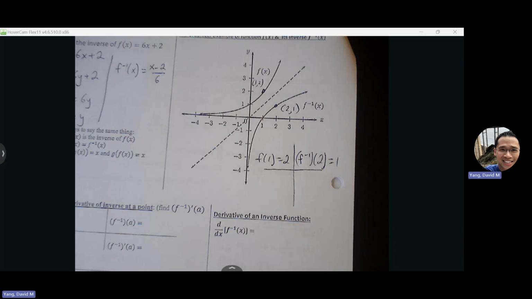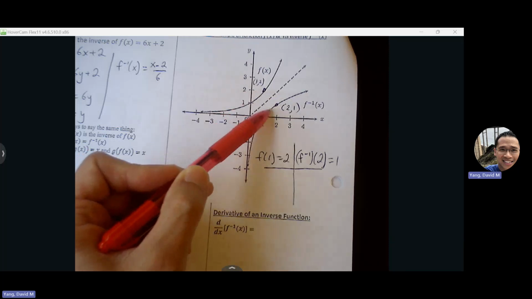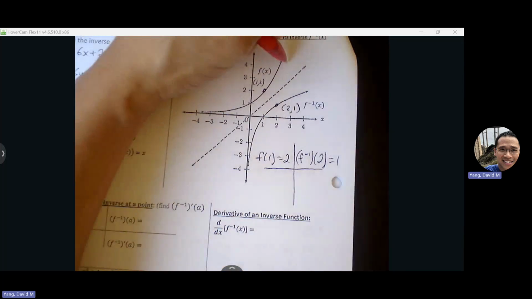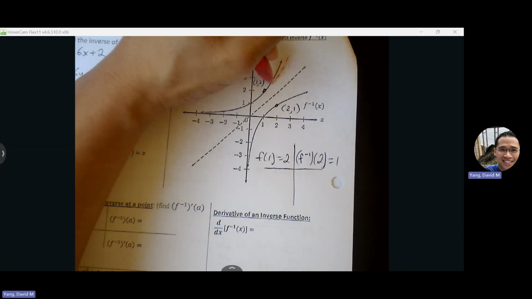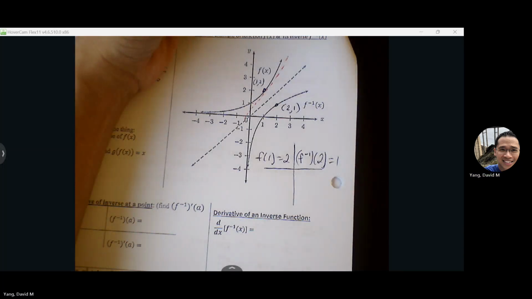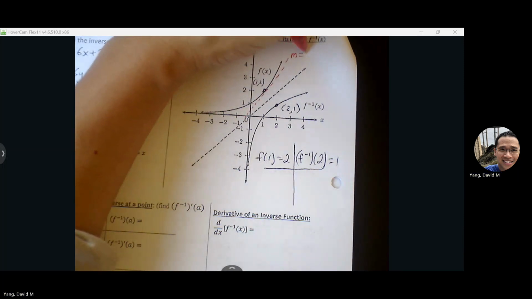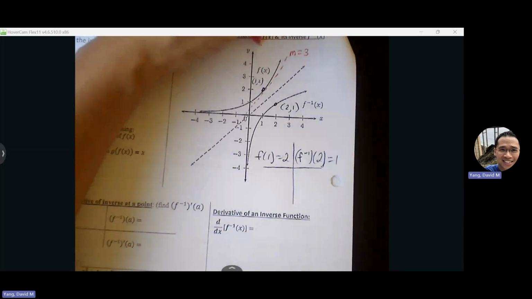Now, from a derivative standpoint, from a slope standpoint, there's also going to be a numeric relationship between these two at these two points. Okay, so let's just say there is a slope of 7, or let me change that. Let me say the slope of 3. So let's say f prime of 1 is equal to 3.